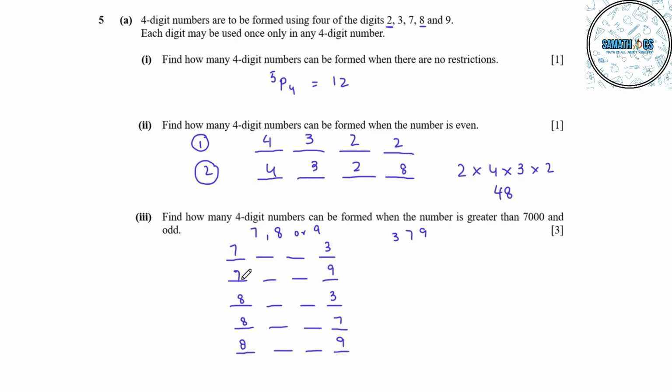We cannot take 7 with 7, because if 7 is at the first place, then 7 cannot be at the end. Each digit can be used once only. Another option, the number starts with 9 and ends at 3.